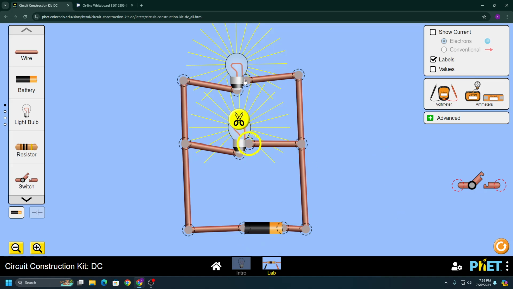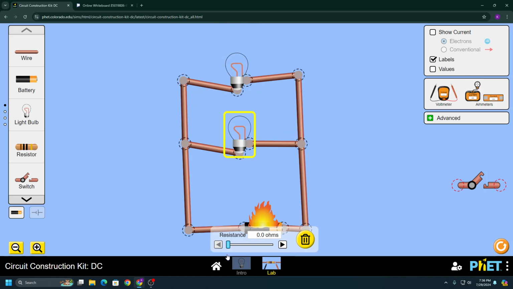If I change the resistance, I make this resistance bigger, I could honestly just make resistance smaller. Okay. Make the resistance smaller and it's going to get brighter, and then it gets to the point where, hey, we got a short circuit.